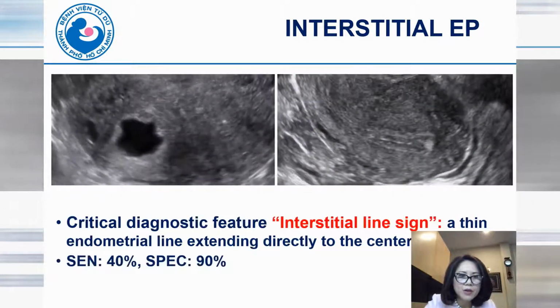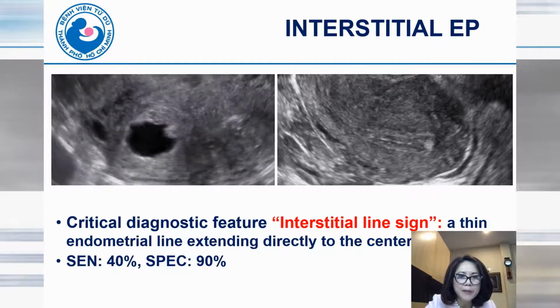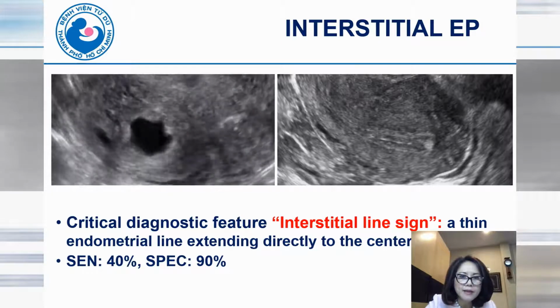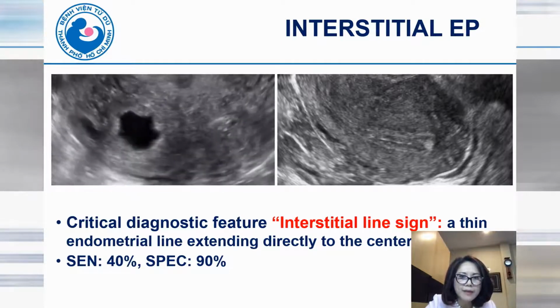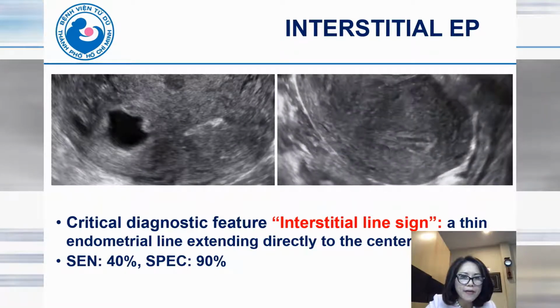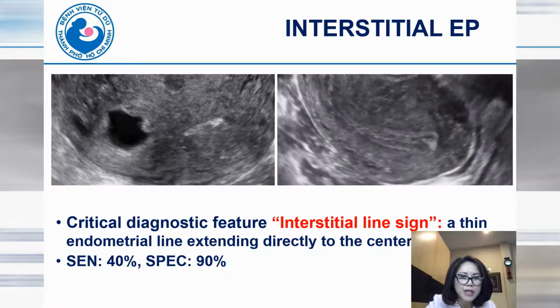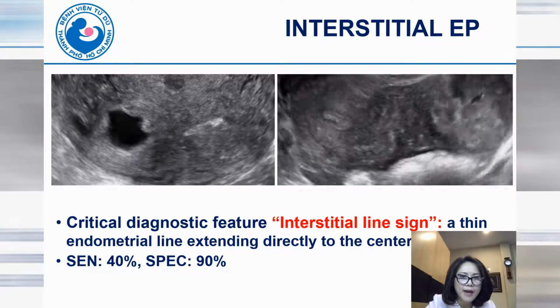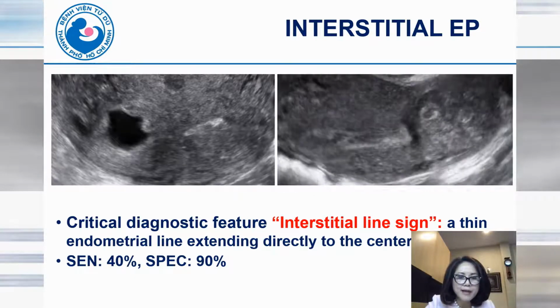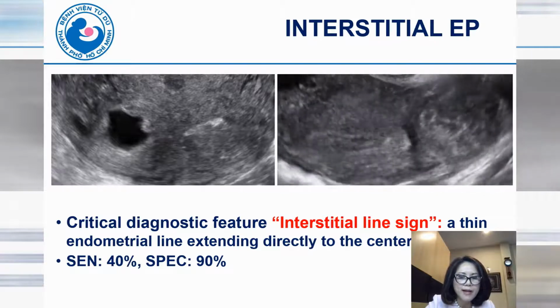The critical diagnostic feature of interstitial ectopic pregnancy is the interstitial line sign. It's a thin endometrial line extending directly to the center of the gestational sac, and this sign is said to have a sensitivity of about 40% and specificity of 90%.